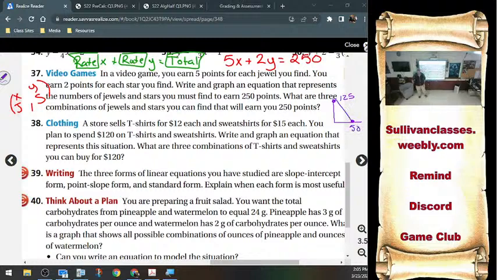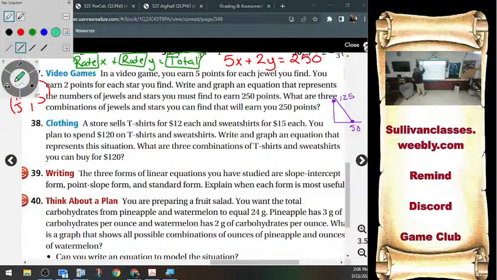Make my scale accordingly. If I have to go all the way up to 125, maybe I go by 25s. Probably don't want to go by 5s. That's a boatload of boxes. If I have to go out to 50, maybe I go by 10s. Make the scale work for you, and then connect the dots.